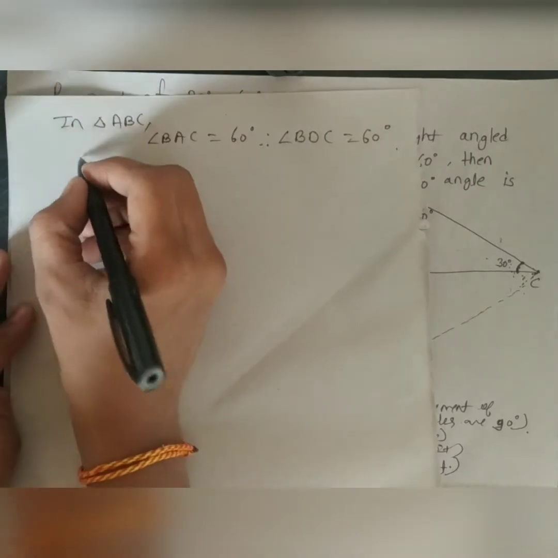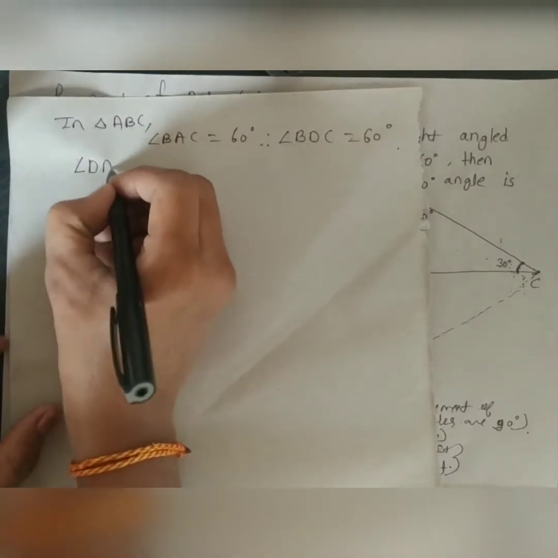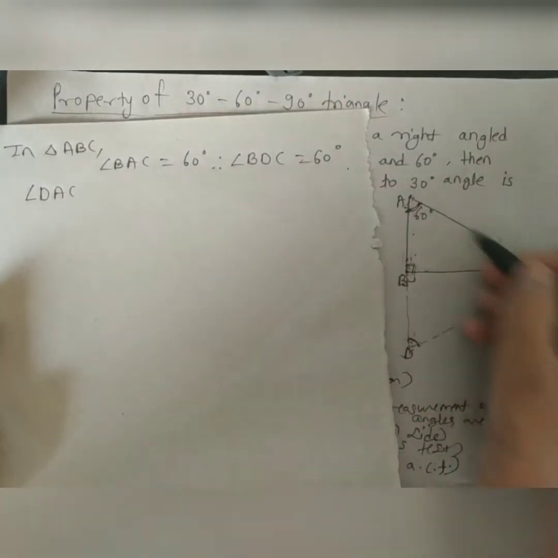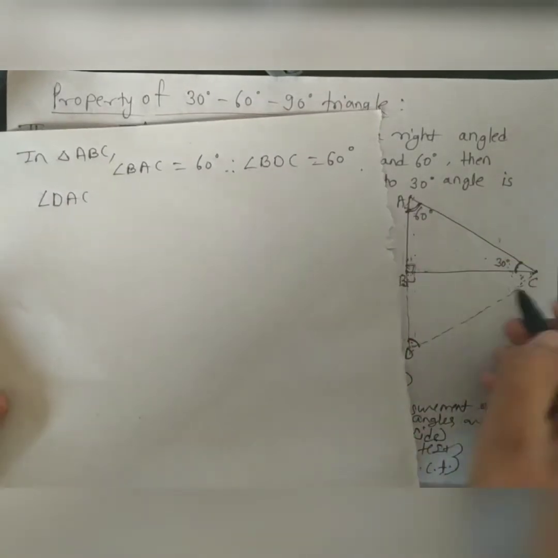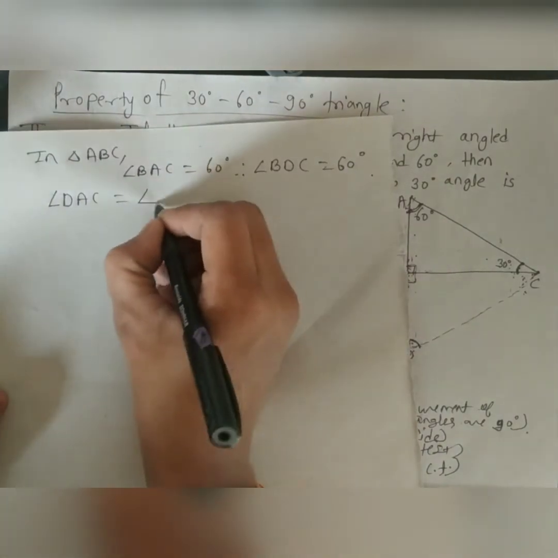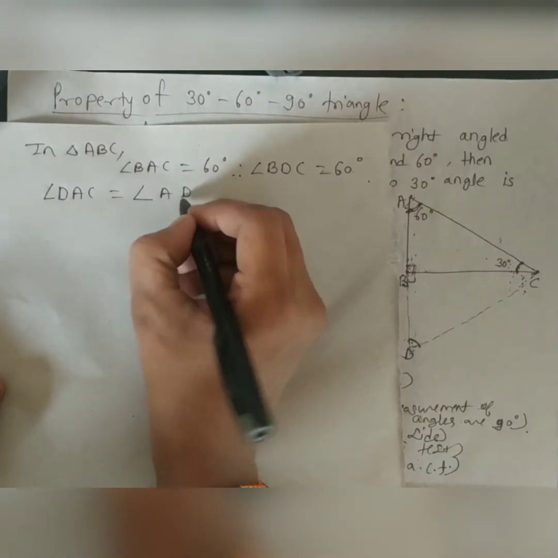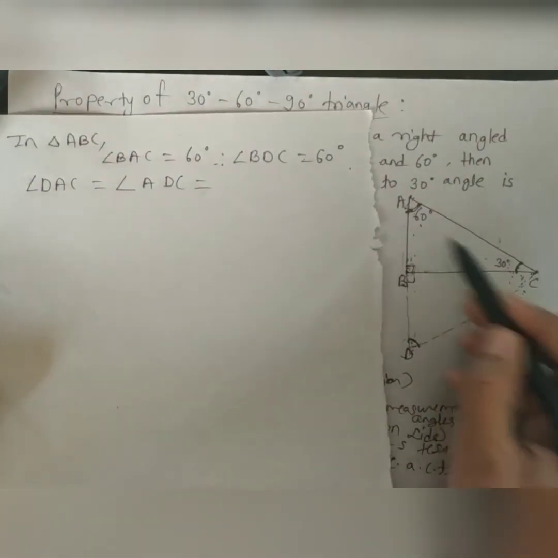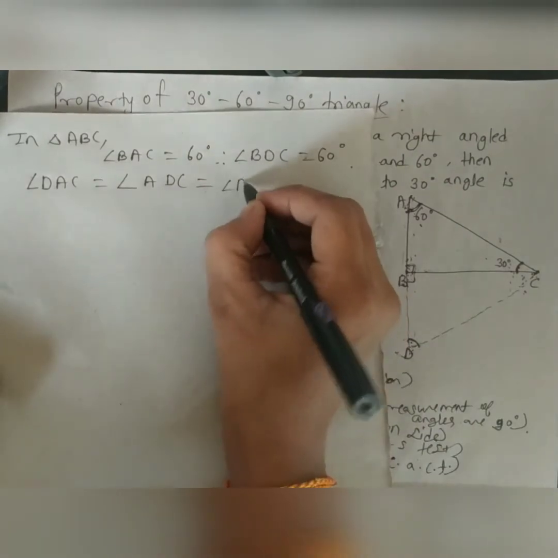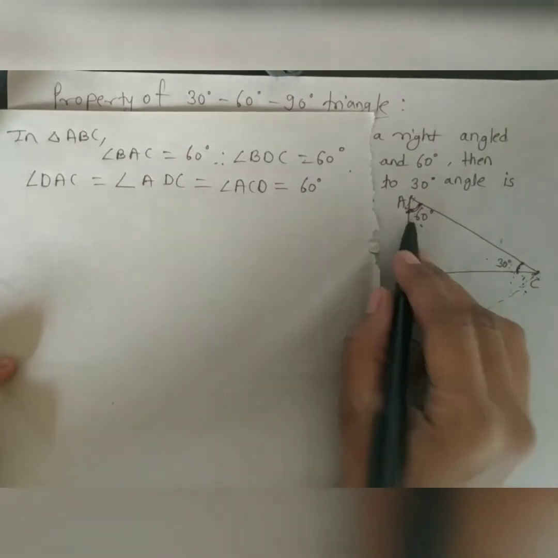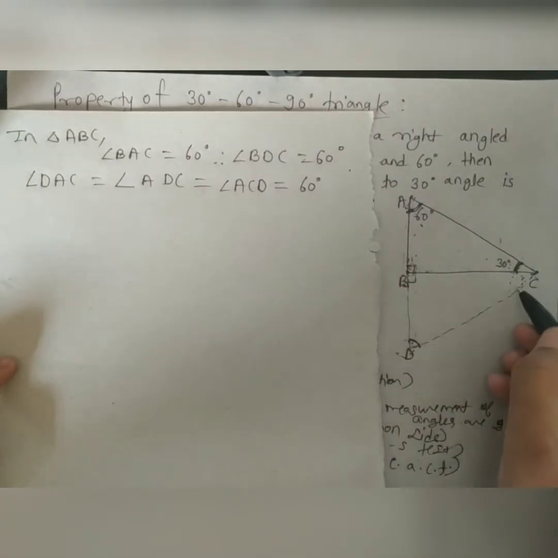Now we write angle DAC is equal to angle ADC, equal to angle ACD. Angle ACD is equal to 60 degrees. See, angle ACB is 30 degrees. We are joining this whole angle, then it will be 30 plus 30, which is 60 degrees.